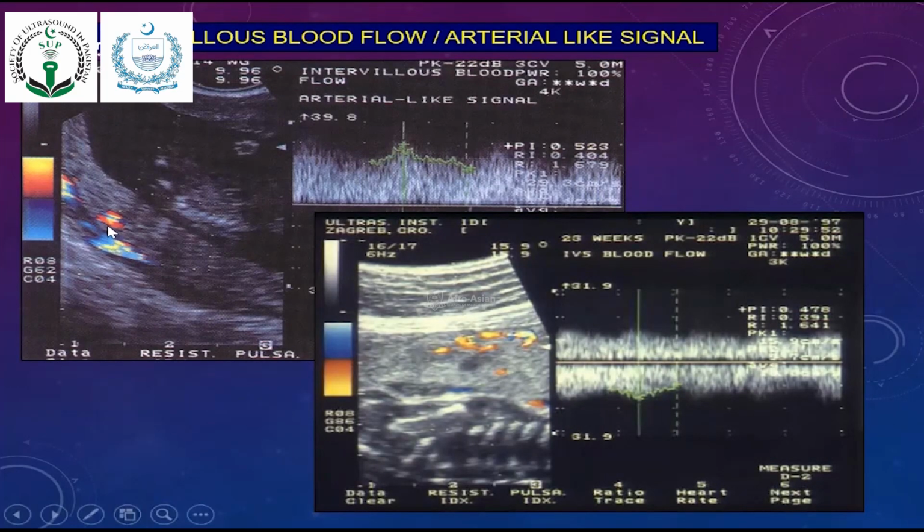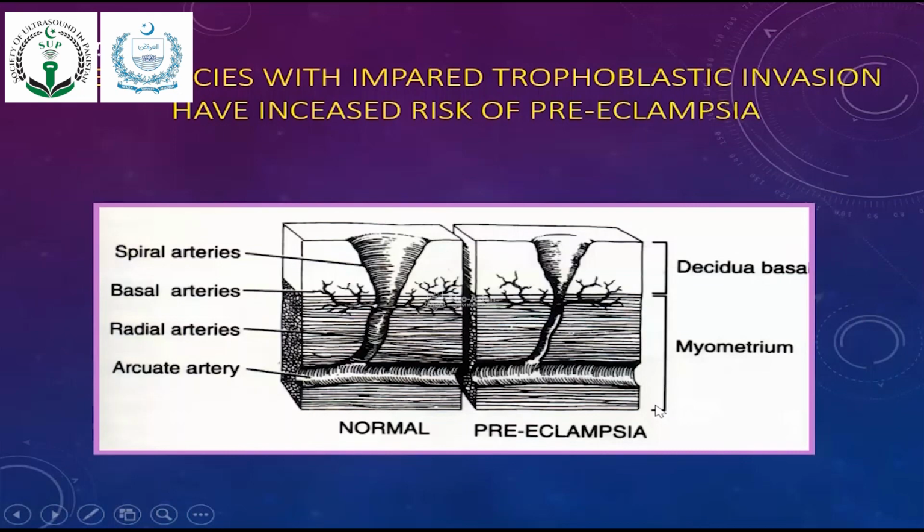Intervillous flow here, and we can see the flow pattern. This is again the flow of the arteries. Pregnancies with impaired trophoblastic invasion have increased risk of preeclampsia.